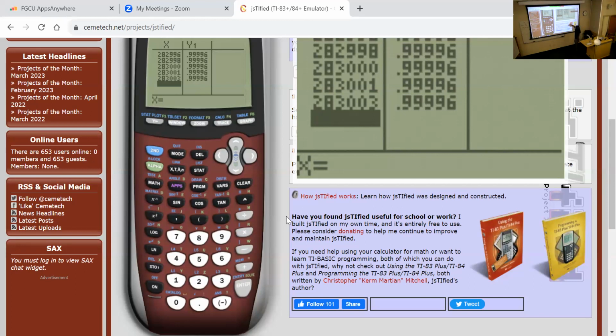Matt says 0.9996. Do we agree? Yes. And from the right hand side, as you get closer to 283,000, what do we get? 0.9996. Another 9.